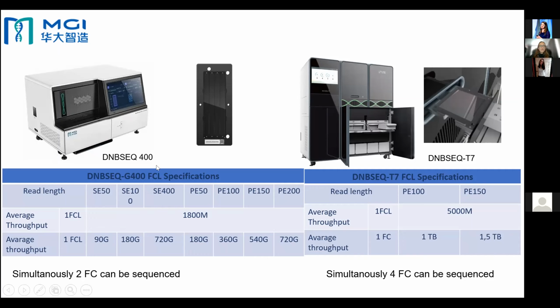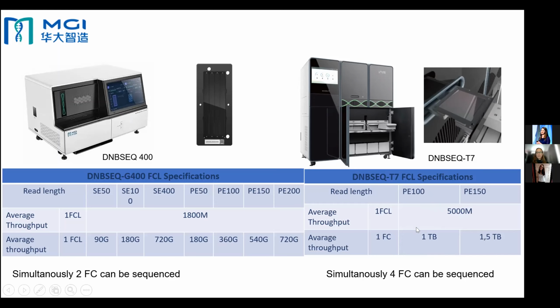The DNBSEQ 400, for example, allows us to sequence full human genomes on one flow cell in one run. But the DNBSEQ T7 has much higher capacity, so it's suitable, for example, for population genomics projects. These are the parameters for one flow cell, and 4 flow cells can be sequenced simultaneously.